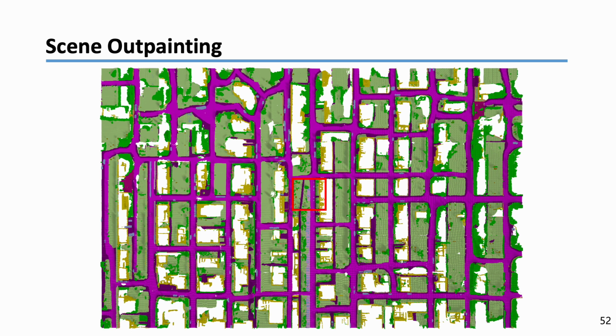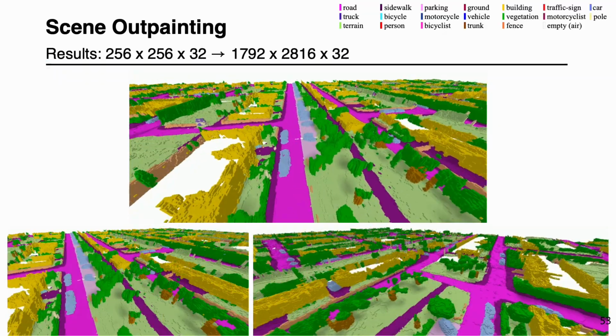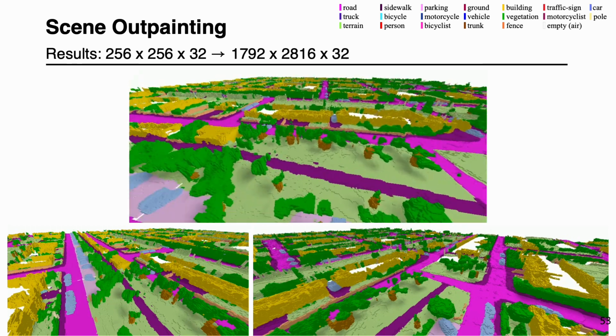While our model is trained using only a fixed-size triplane, which contains only street scenes, the results demonstrate that our model can generate city-level scenes without additional training. And these figures provide a close-up view of the city-scale scene.